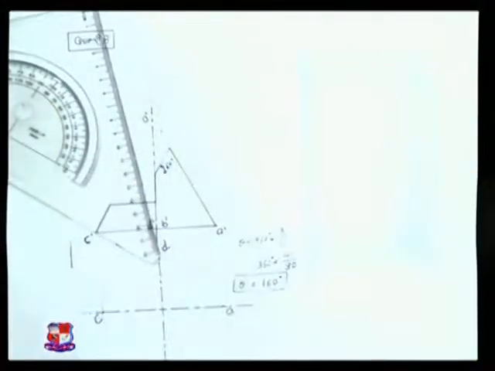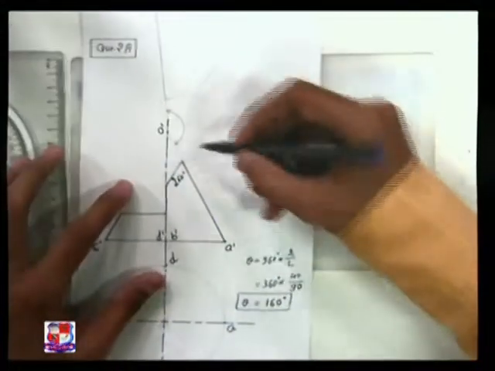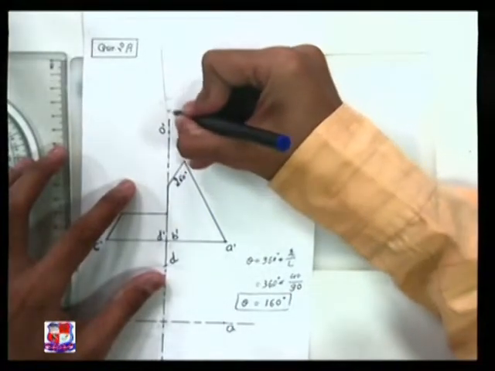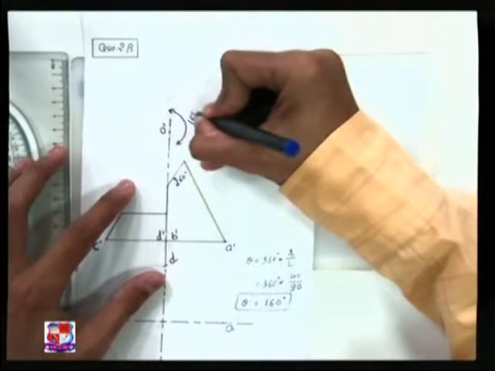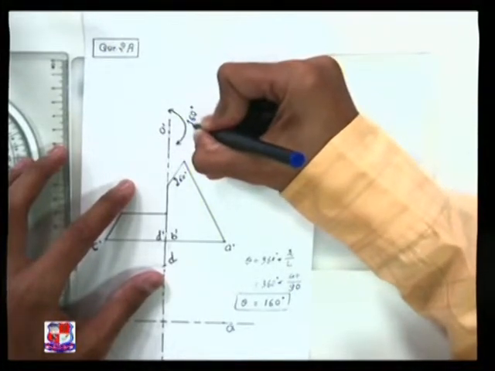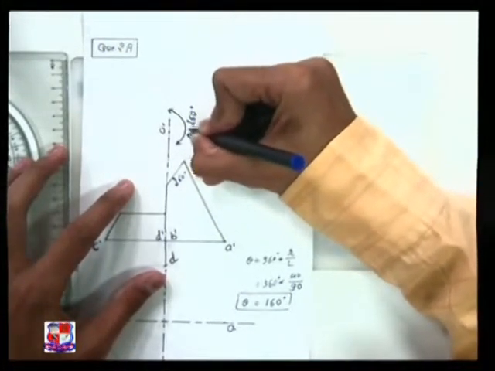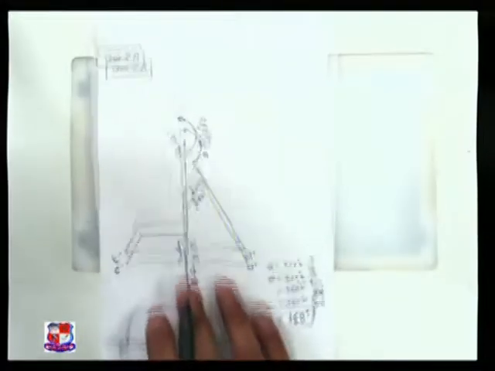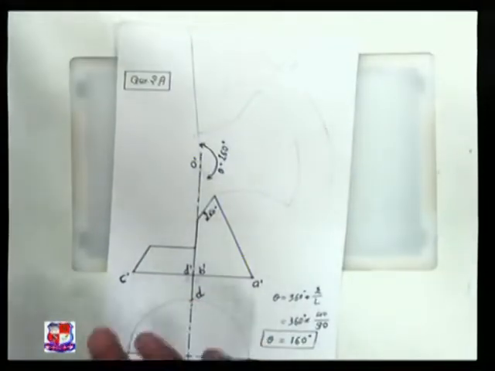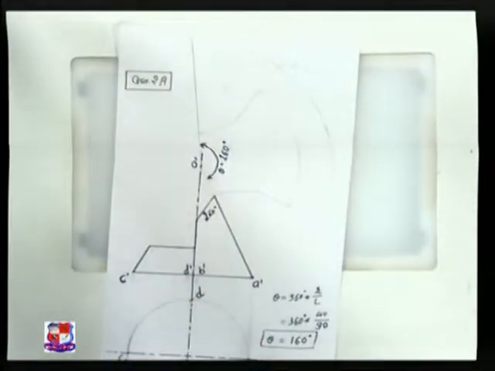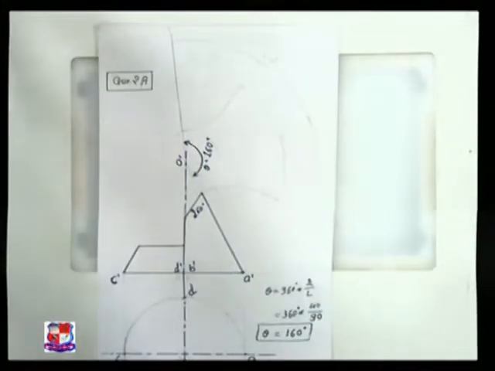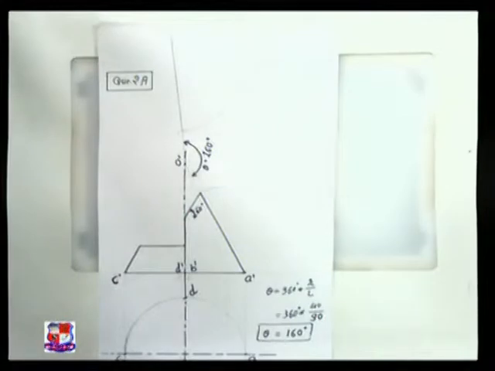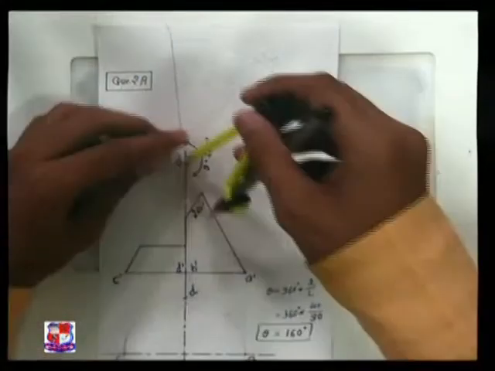This is 160 degrees. That is the first step to draw the development of any cone: draw the angle theta. If you just draw this angle, even the examiner may give a few marks for this exercise, because it's very important in this case.